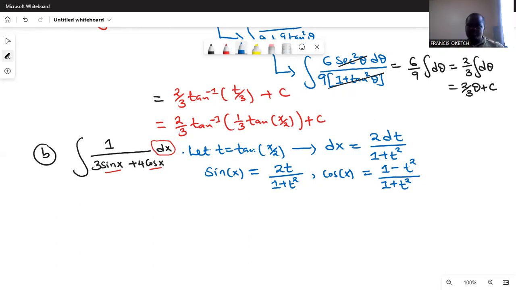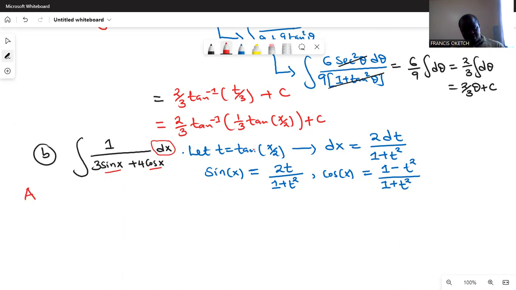Now it is a function of x, but when you substitute these three, you are going to get the new integrand which depends on t. So when you try that at your own time, it is very easy. Your answer, compare with this one.